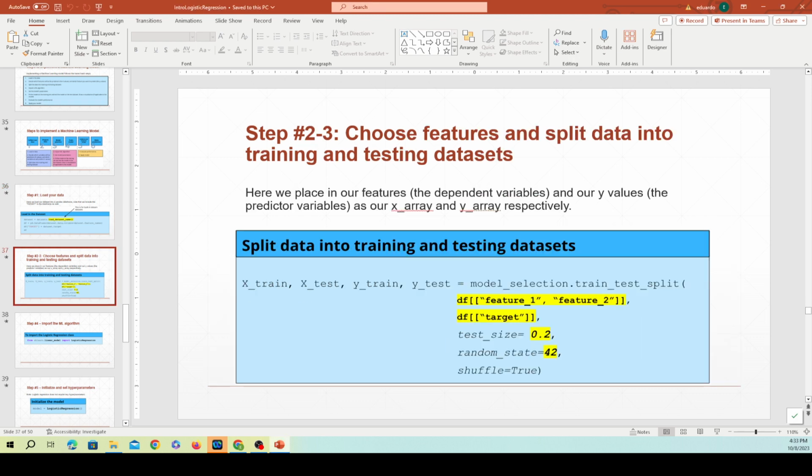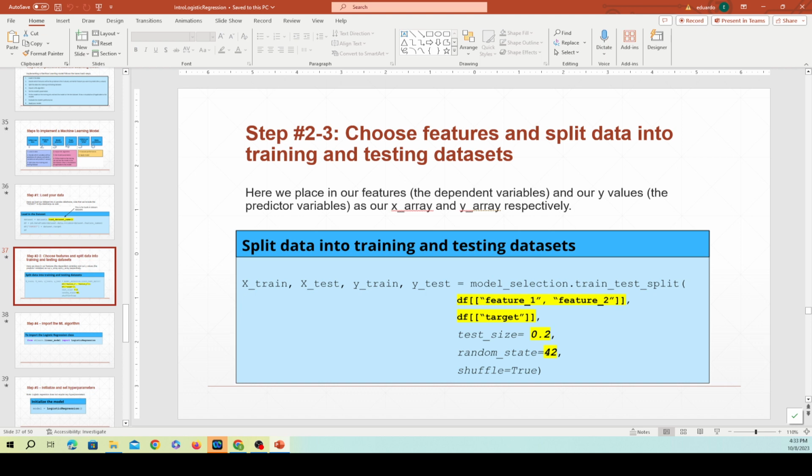And again, this is the same thing we have done before. We want to separate our X training data, Y training data, X testing data, Y testing data. And again, Y represents the answer, the correct answer for your data.